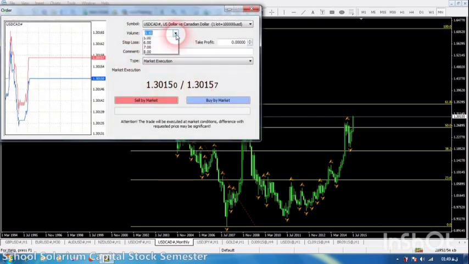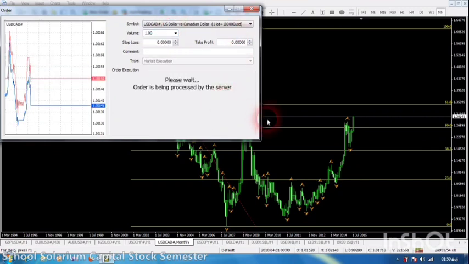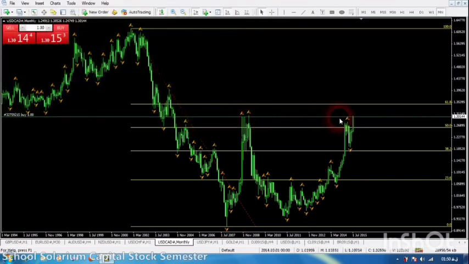I'm going to go in this order item and start a buy order. This green line here is the order that I opened, and I want to determine my take profit and stop loss.